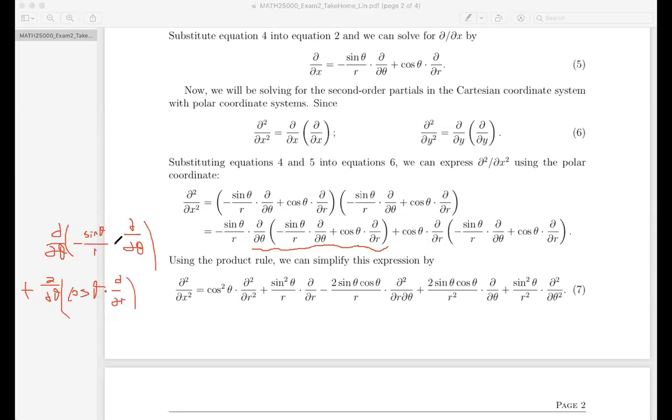So this is a product of a function and a partial. When you take the partial of this product, you have to use the product rule.